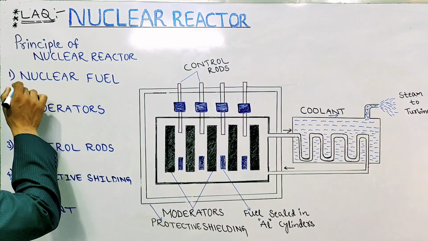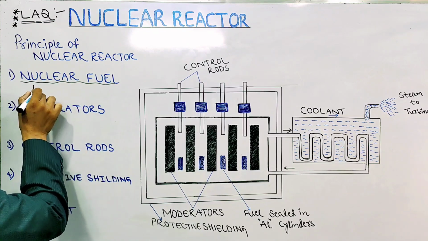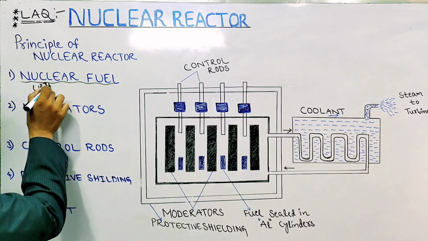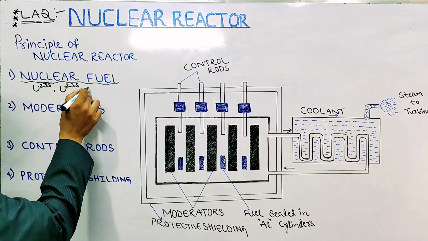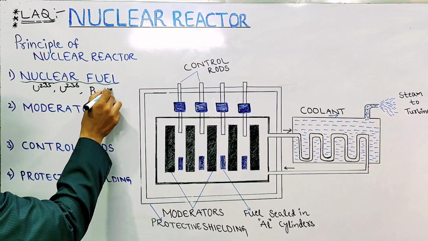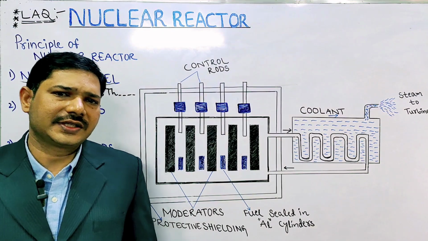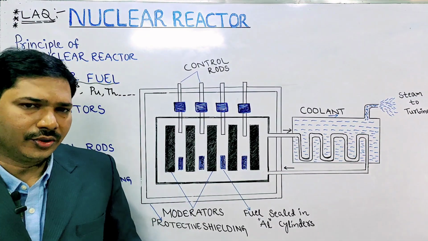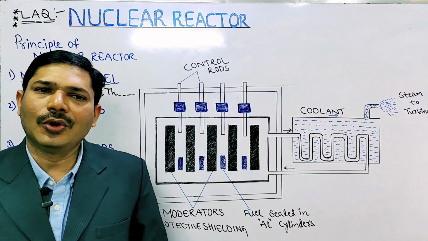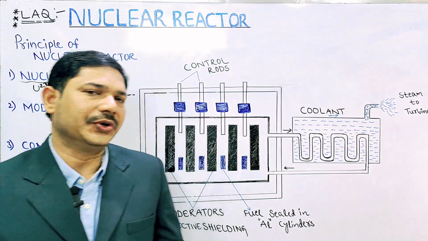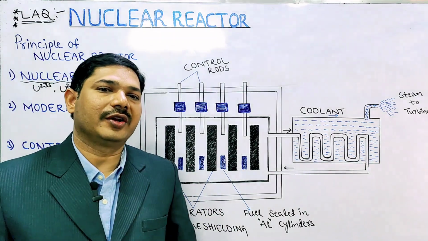Generally, as a nuclear fuel we can use uranium 235 or uranium 238, or plutonium or thorium. The fissionable material used in the reactor is called nuclear fuel.